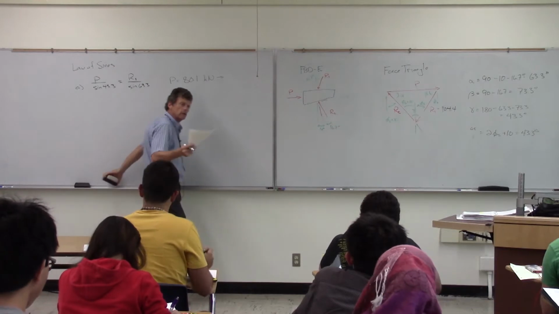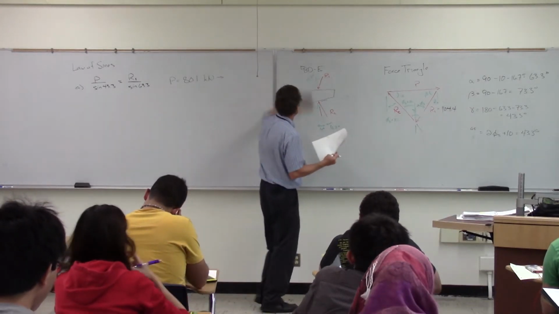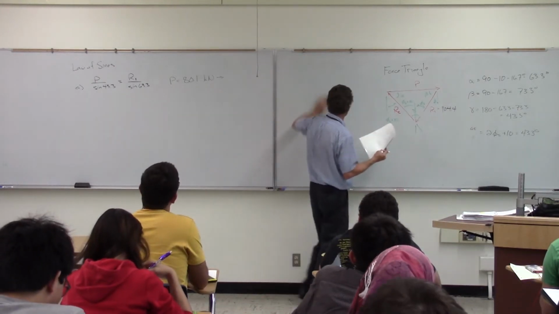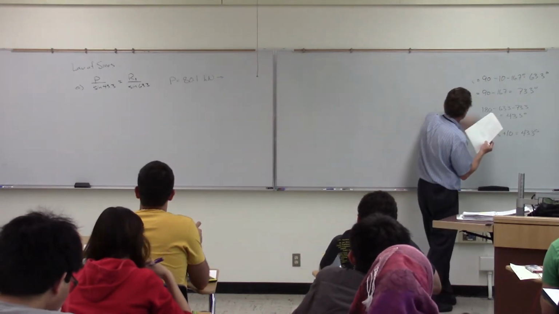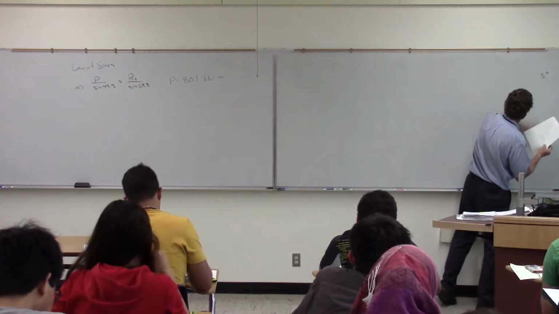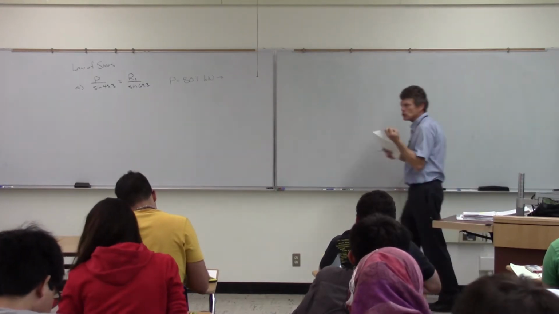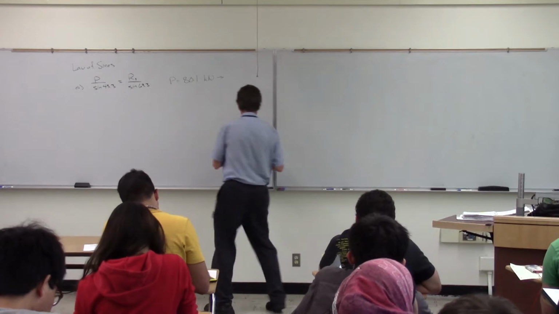Now, the next thing we need to do is check again that member F, that wedge F, to see whether it's going anywhere. And what we're going to do is check this with angles now instead.